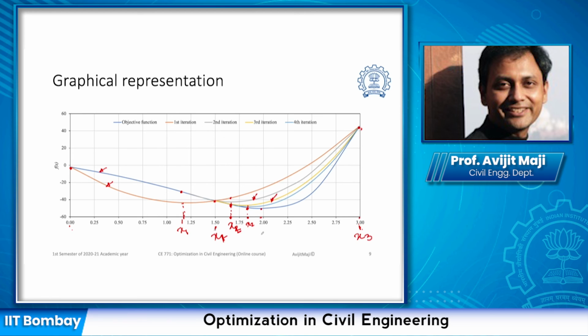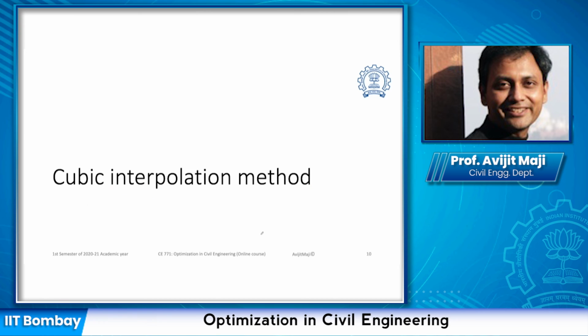And in certain cases, for certain functions, we may find that the quadratic approximation of the given objective function may not be fitting very well, and it could be slower. So there is another method which is the cubic interpolation method. In this case, we are going to use the cubic function to approximate the given objective function and try to find out the optimum solution.